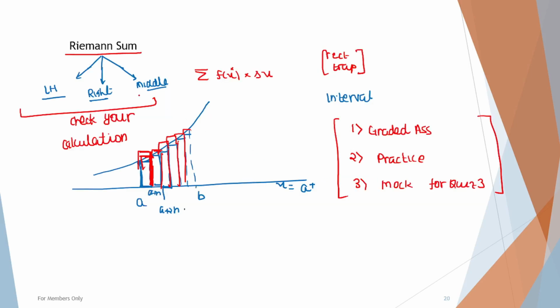So we are done with the Riemann sum, and the most efficient way to find integral is from the middle, that means by using trapezium. So the most efficient way to calculate area is using trapezium.